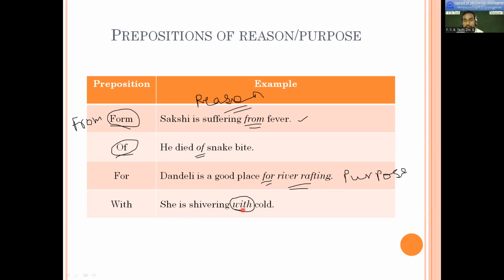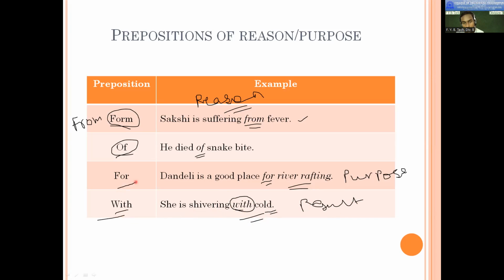Previously people have studied my father is angry with me, or he's playing with dog, something like this. Now here she is shivering with cold. This explains, or this tells, result. Okay. So what is she doing? She is shivering because of what? Because of cold. So with cold, she's shivering with cold.